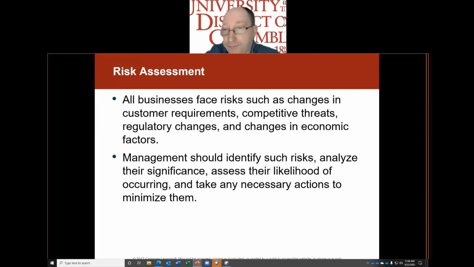They're dropping it off at your door, right? Touchless contact. The businesses are pivoting in today's environment in order to adjust to the downturn in the economy due to other threats. So this is called risk assessment. Management identifies these risks, they analyze the significance, and then they make adjustments accordingly to mitigate that risk.